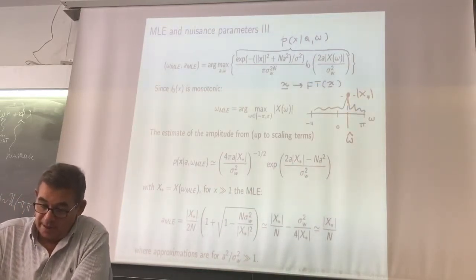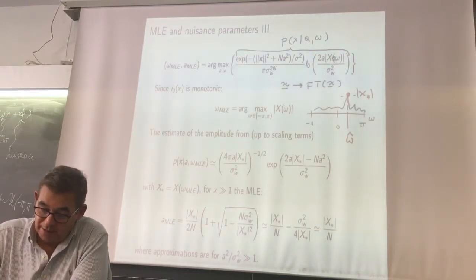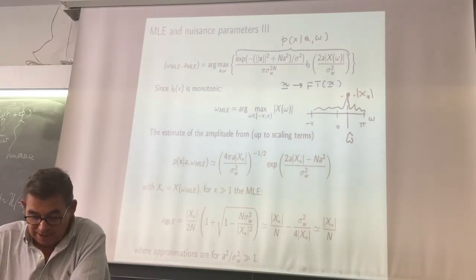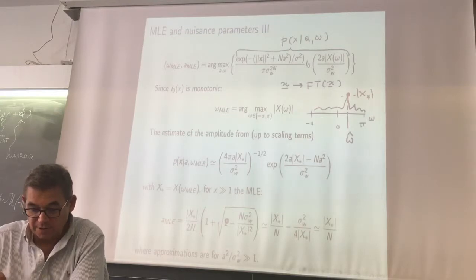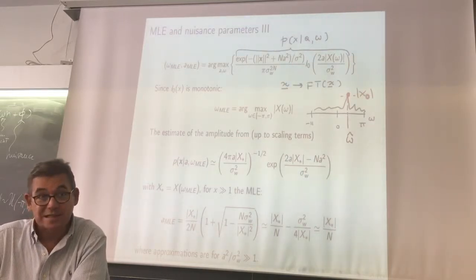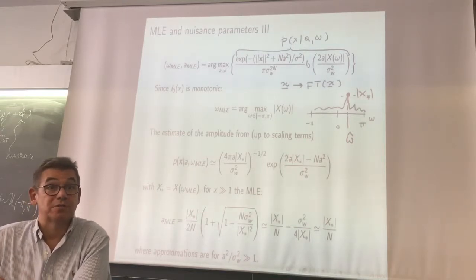Then I take this maximum, plug it in here, and use the approximation. It comes out that the maximum value is a certain formula which I can approximate. The extreme approximation is that this amplitude of the Fourier transform is a scaled version of the amplitude of the sinusoid.